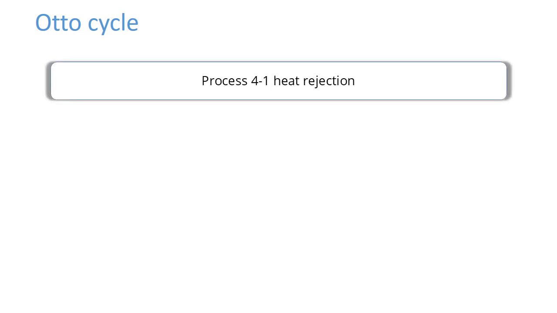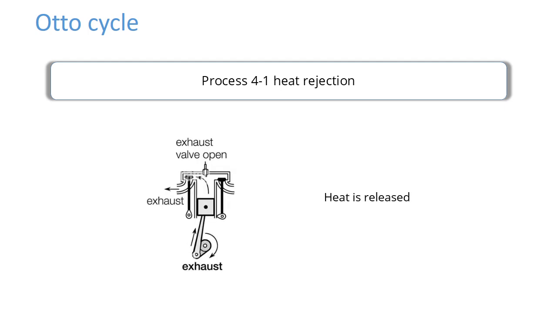Once the expansion occurs, we will allow the gases present in the cylinder after combustion to go outside the system. Hence the exhaust valve will open and all the gases and the heat is released into the atmosphere. So these were the processes happening in the Otto cycle.